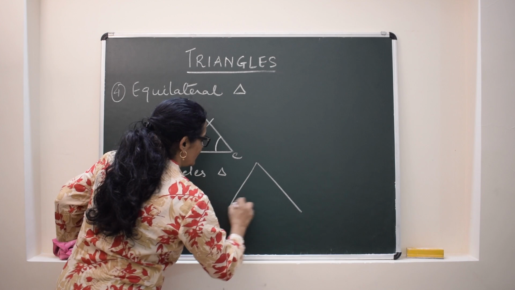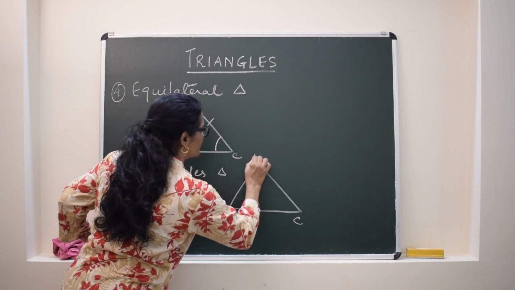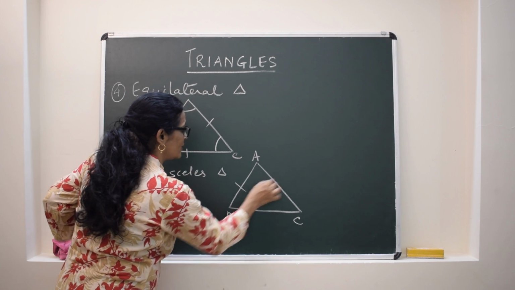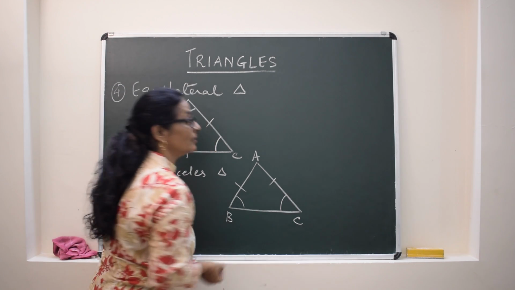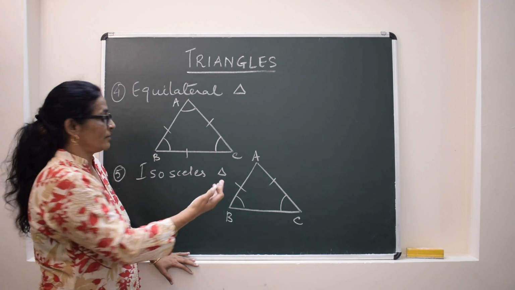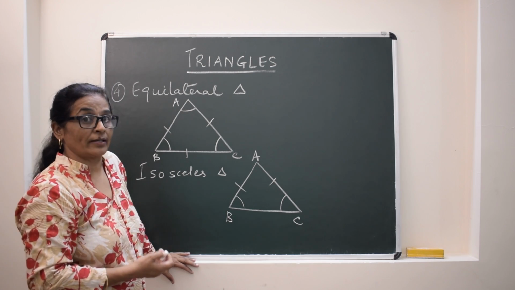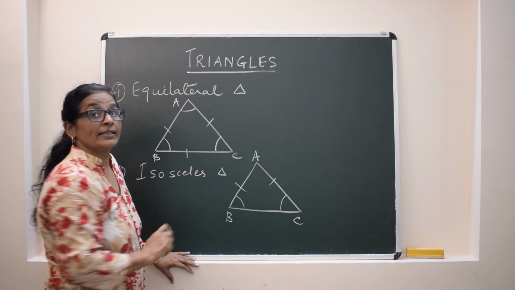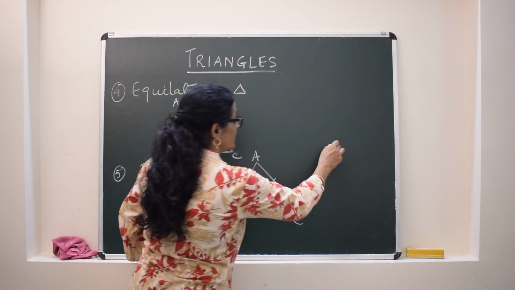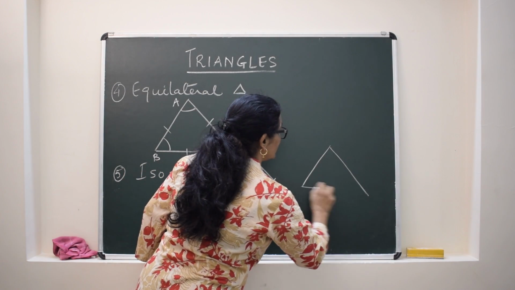And when two sides are equal, if we are taking these two sides equal, then the base angles will also be equal. The theorems are based on isosceles triangles also, that we will do later. So in an isosceles triangle, any two sides can be equal. Here I have taken these two sides, maybe like this.